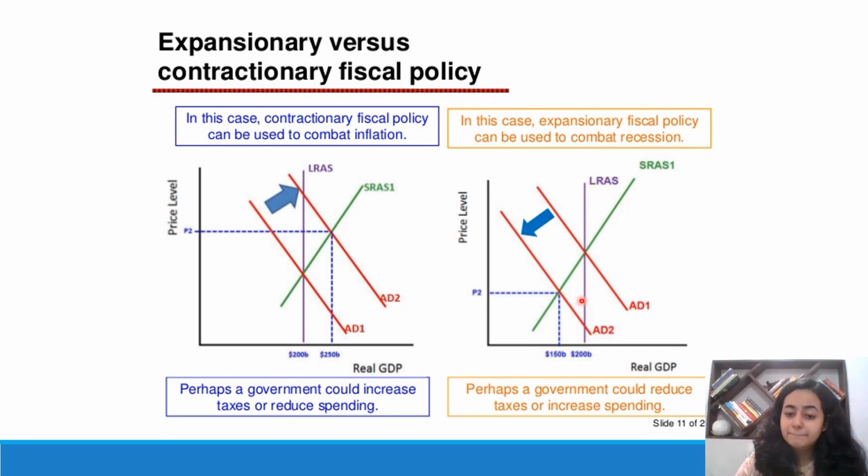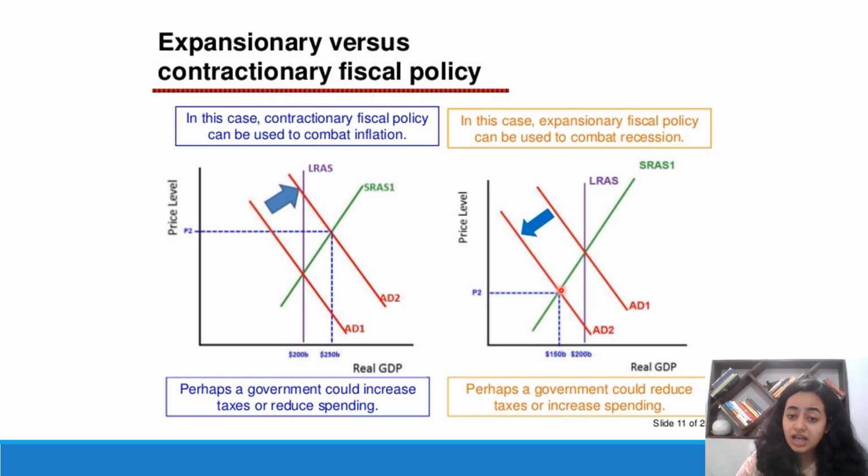But the current situation is that I am over here, and this is my short run aggregate supply, and the aggregate demand is right here. At this point, we are at equilibrium.